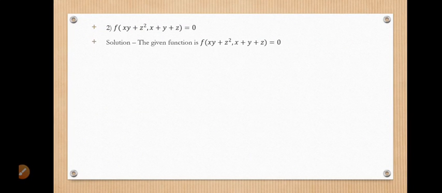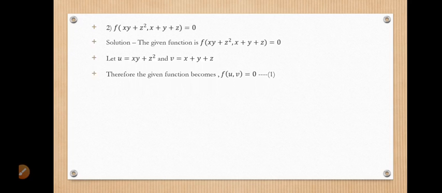Here the function f is of two complicated functions, so we can call them u and v. Let u equal to xy plus z square and v equal to x plus y plus z. So the given function becomes a simple one, that is f of u, v equal to 0. Let us call this equation 1.